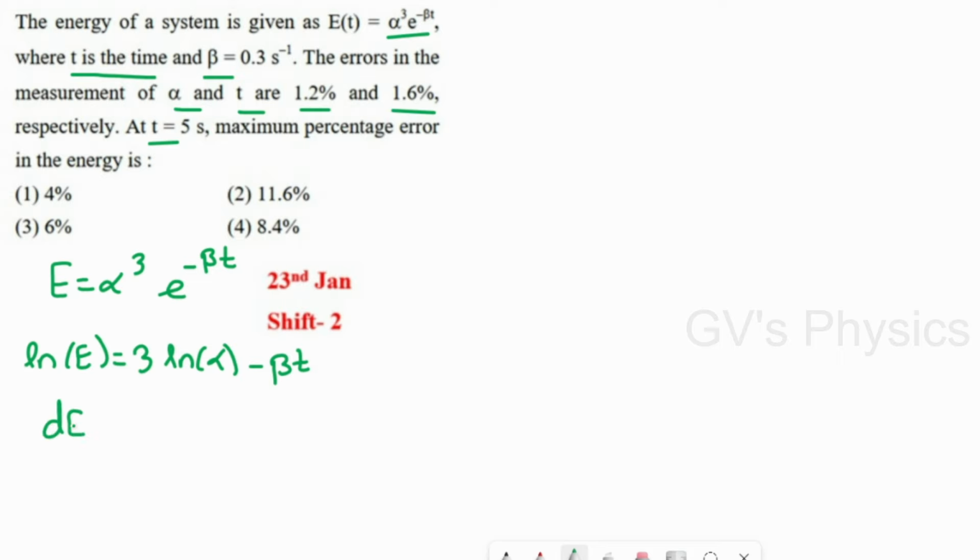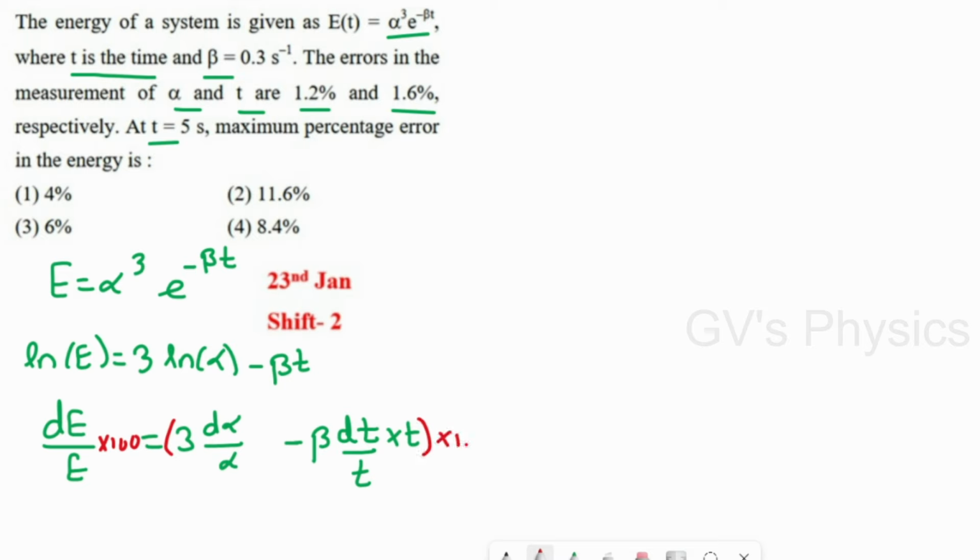So del E by E is equal to 3 into del alpha by alpha minus beta dT, but we need it in the form of percentage. So I'm going to multiply and divide by T. Also, they asked for the maximum percentage error, so I'm going to multiply by 100 on both sides.